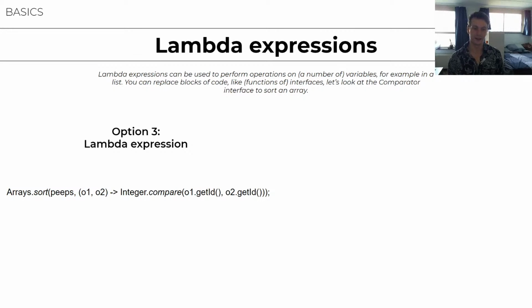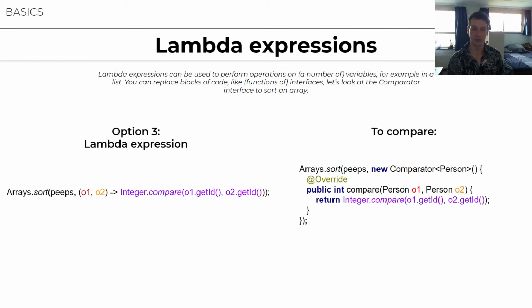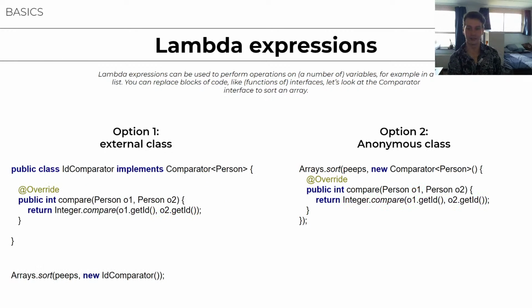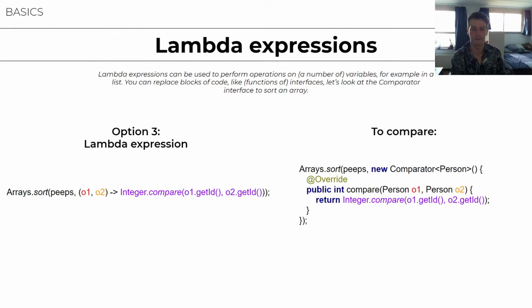Now this is a lambda expression, and I want you to look at the similarities between the lambda expression and the anonymous class. So first, if you look at the resemblance between the external class and the anonymous class, they're essentially exactly the same. They both have a compare function that's implemented in exactly the same way.